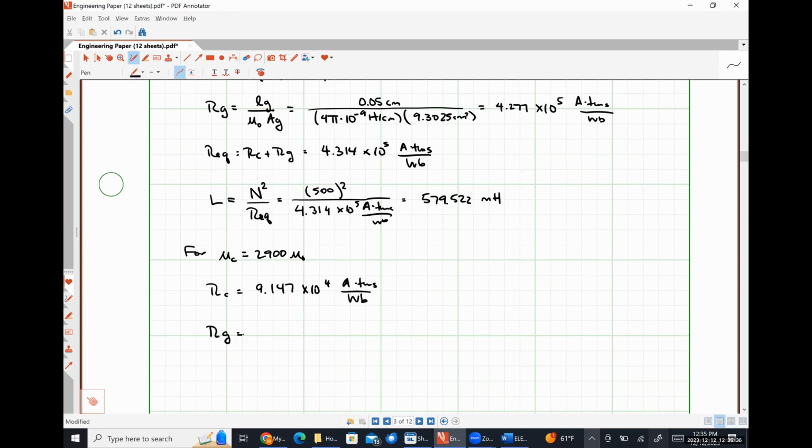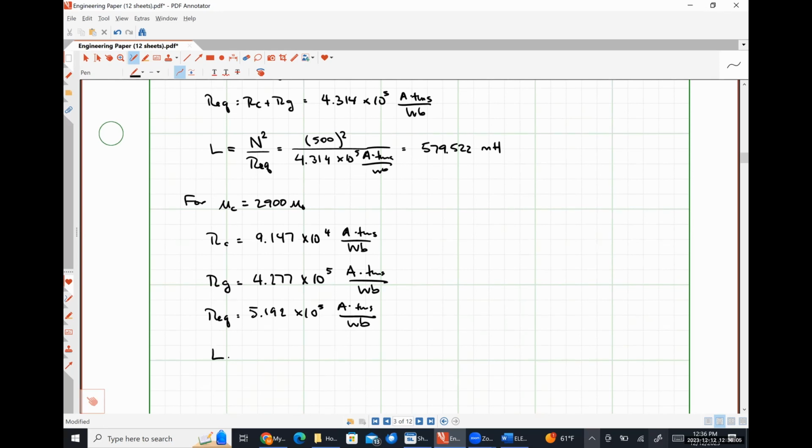Our gap reluctance literally does not change, 4.277 times 10 to the 5 amp turns per Weber. Adding these together, we get 5.192 times 10 to the 5 amp turns per Weber.